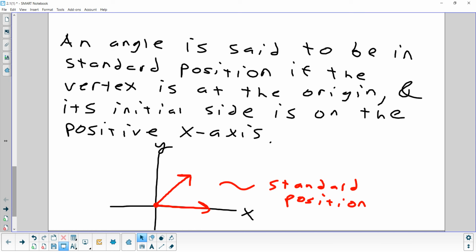Two, the vertex is at the origin, if you had a coordinate plane. So that angle that I've drawn in red right there, that is standard position.